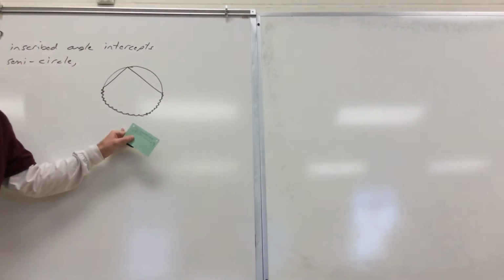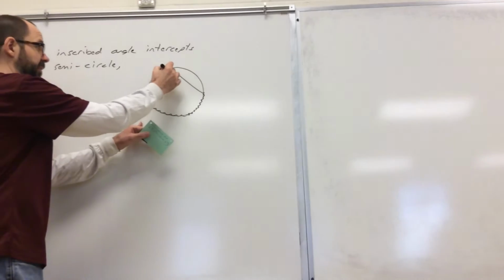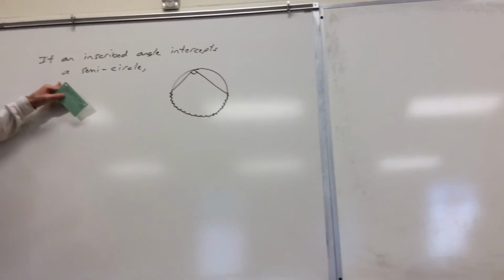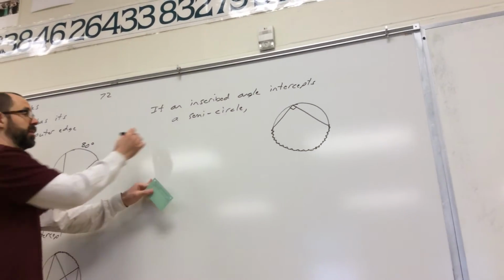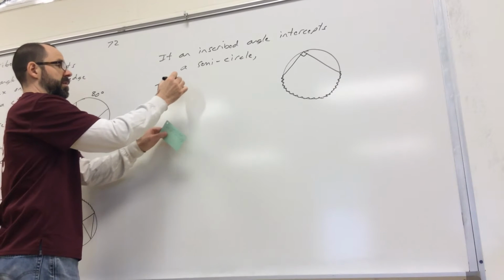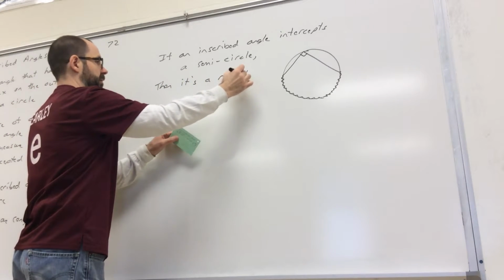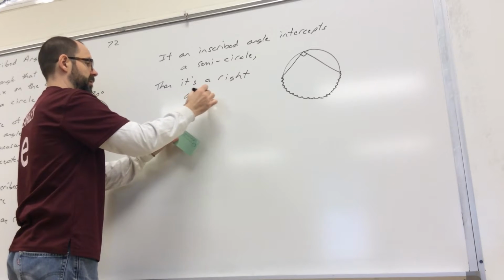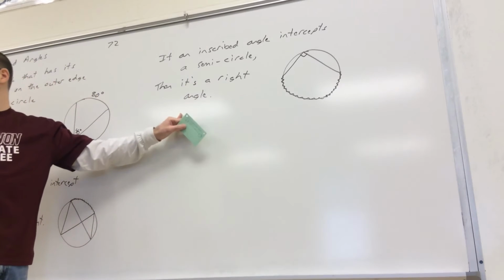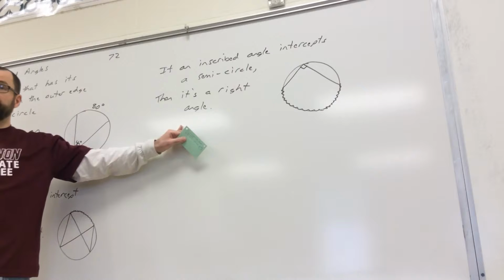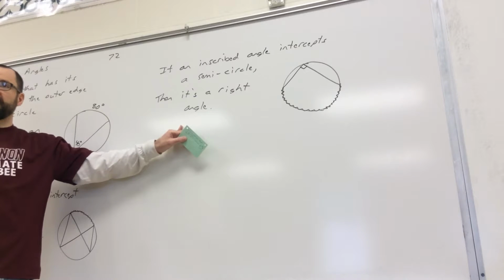Yeah, because it's half. So this would be 90. Good. So if an inscribed angle intercepts a semicircle, then it's a right angle. The reason why that works out is because the semicircle is 180 degrees, and the inscribed angle is half as much.